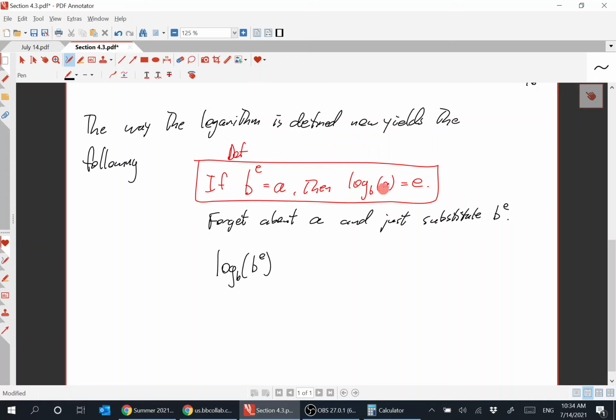Well, the log base b of a is just the log base b of b to the e, because a is b to the e, which is equal to e. Right? So when I do the composition of the log function with base b and argument b to the e, it's just e. They sort of cancel each other out, the exponential function and the logarithm.